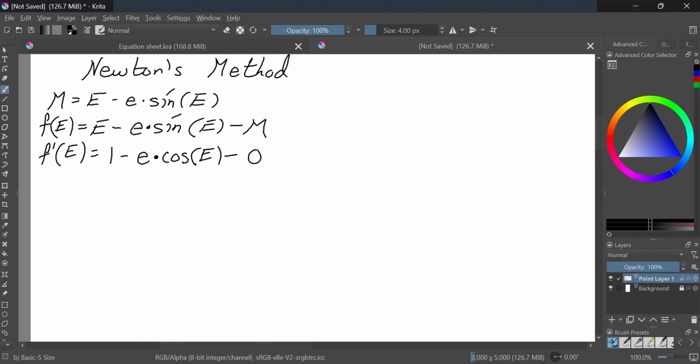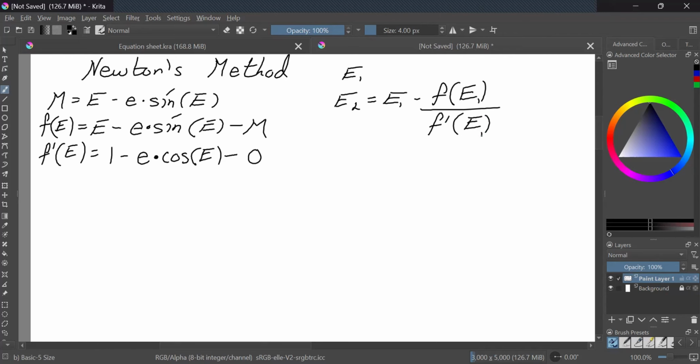And now we have the big things that we are going to need for Newton's method. So what is Newton's method? Well, if we're given an E1 value, to find E2, we will need to plug in the E1 value, and then we will need to subtract out of it the function of E over the derivative of the function of E. These are both E1s.